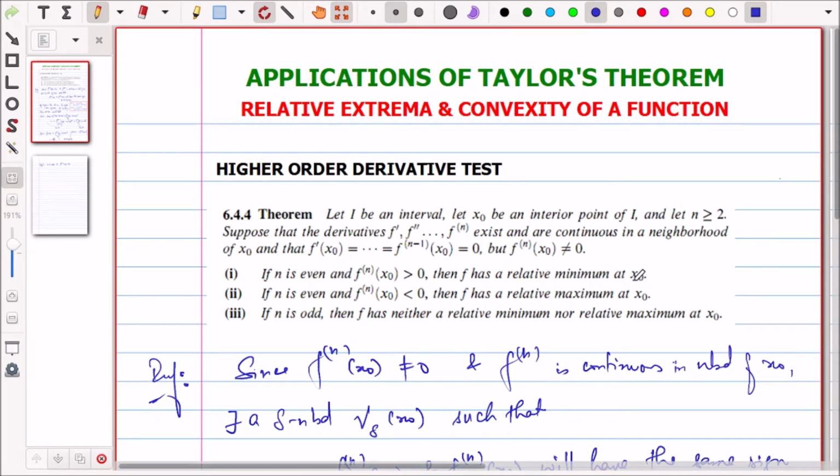What is the definition of relative minimum?